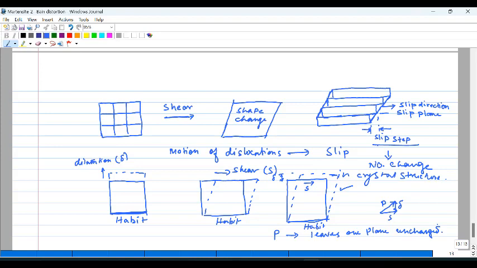There is no change across that plane. It remains undistorted after this strain. And what is that plane? That plane is nothing but this habit plane, which remains undistorted and unrotated. That plane remains invariant. Okay, and therefore this strain is an invariant plane strain.